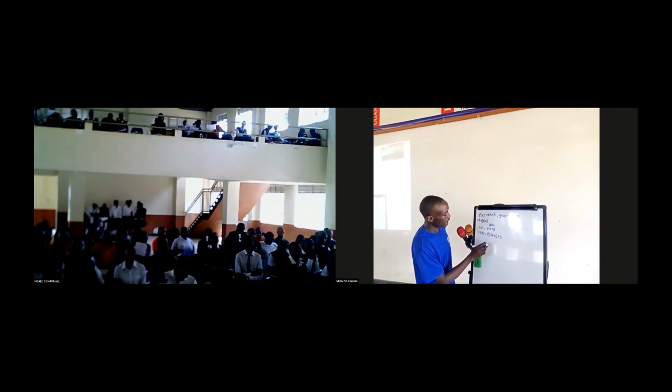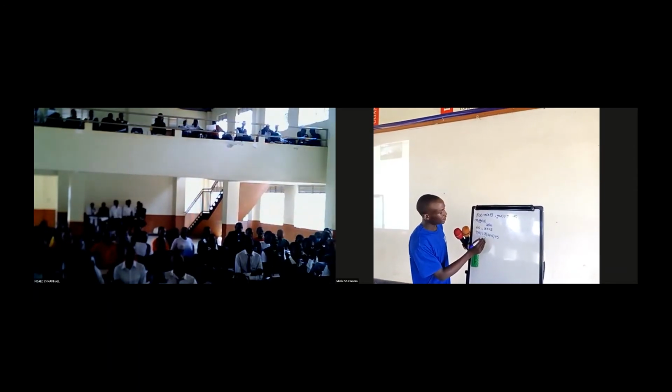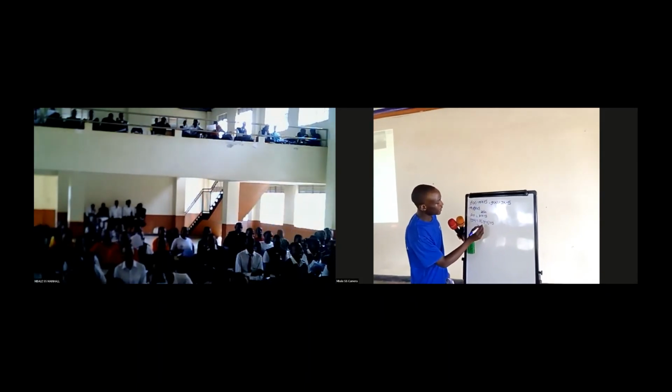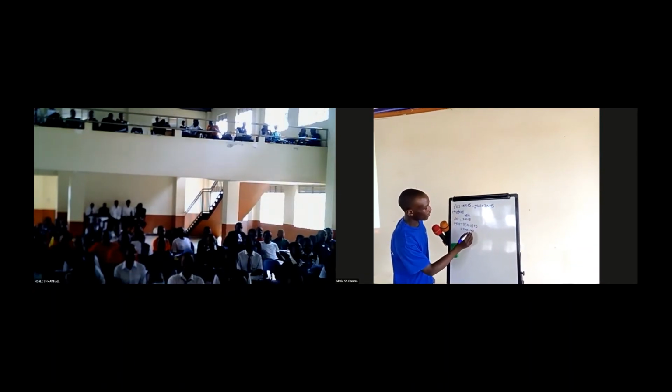As we all know, when you open the brackets, you multiply the term outside the bracket with everything inside. This is 8 times 3x, which is 24x, and then minus 8 times 5, which gives me 40, and then plus this 5 outside the bracket.